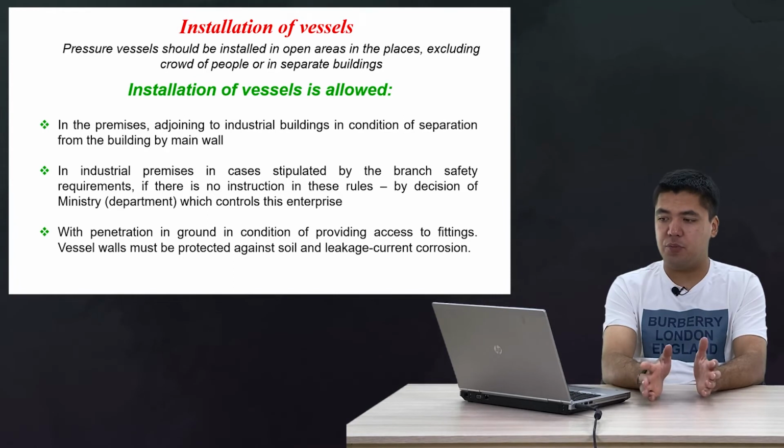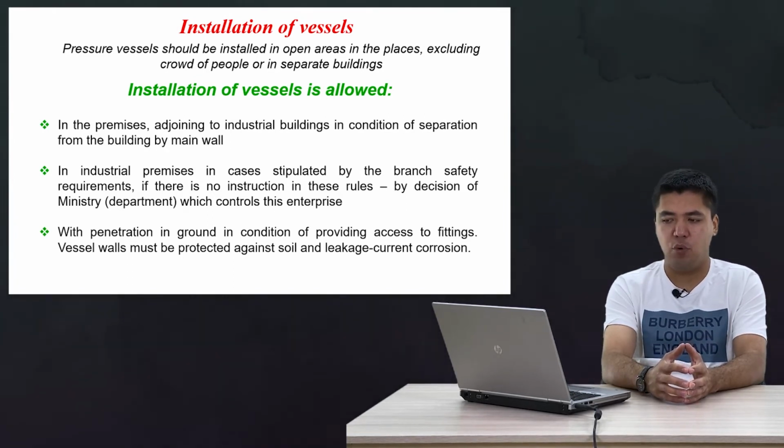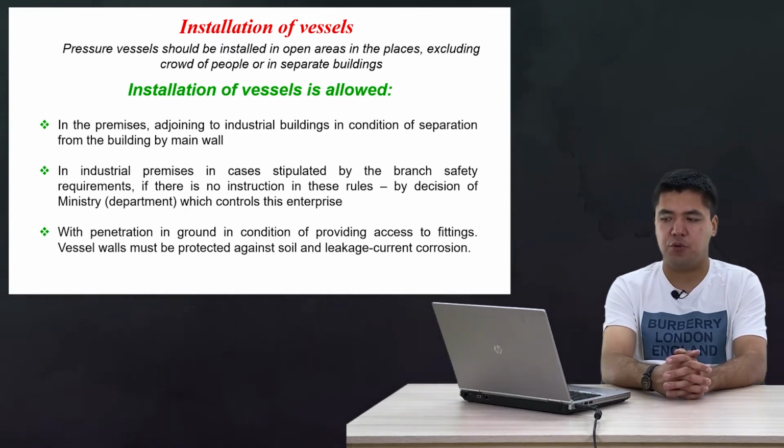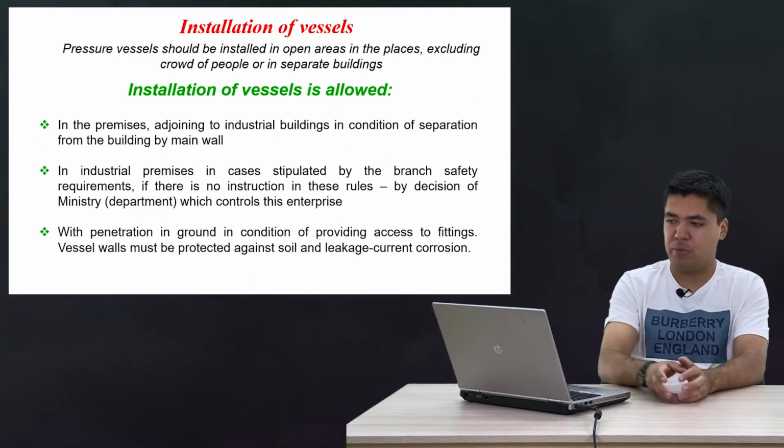And in industrial premises, in cases stipulated by the branch safety requirements, if there is no instruction in the rules, by decision of the ministry department which controls this enterprise.